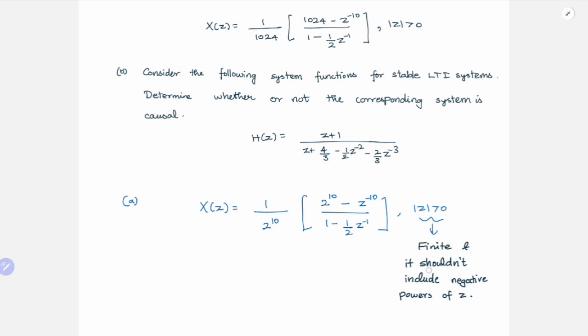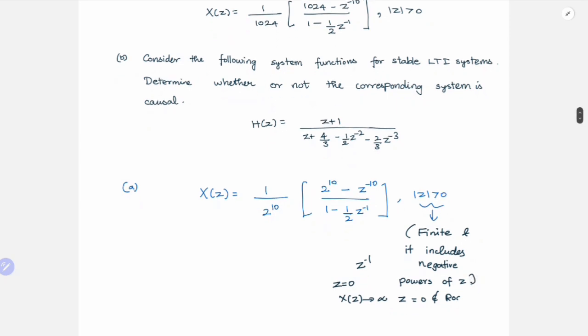Or I mean to say, if it includes negative powers of z, only then z equal to 0 cannot be part of the ROC. If you have z power minus 1 and substitute z equal to 0, your X of z tends to infinity. So z equal to 0 does not belong to the ROC. So this is possible only if it is finite and it includes negative powers of z.